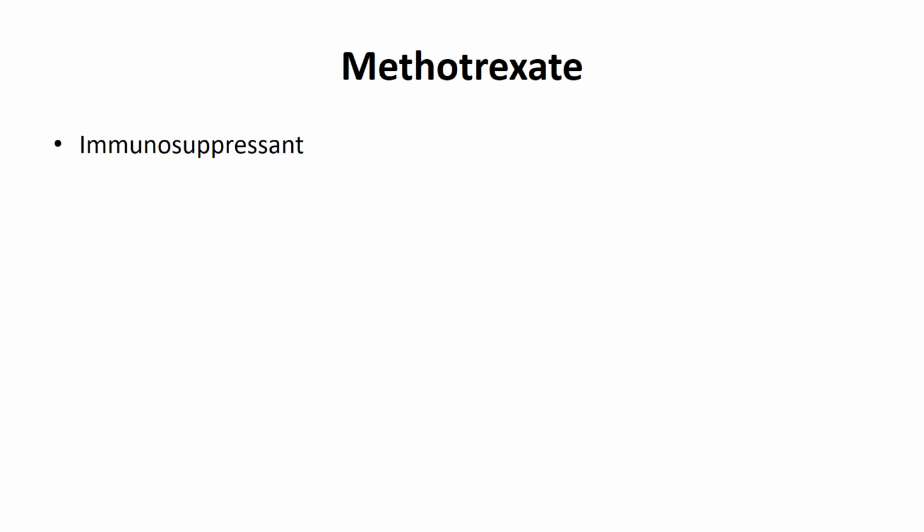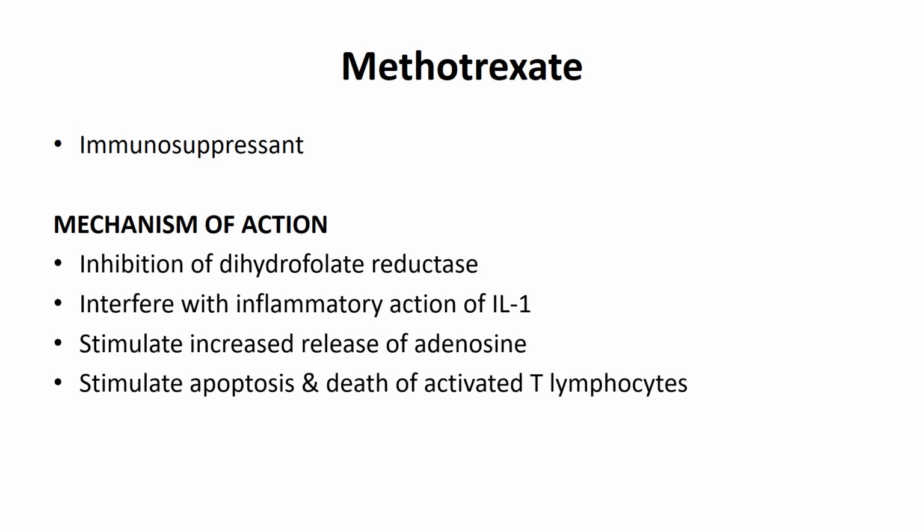The next important immunosuppressant is methotrexate. Methotrexate is an anti-metabolite and an anti-cancer drug, and it has many properties. Out of that, immunosuppression is an important property. The mechanisms of immunosuppression are: they inhibit dihydrofolate reductase and inhibit the folate pathway, they interfere in the inflammatory actions of interleukin 1, and they stimulate increased release of adenosine and also stimulate apoptosis and death of activated T lymphocytes.